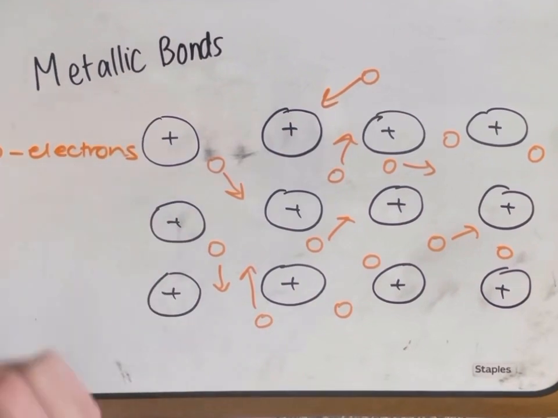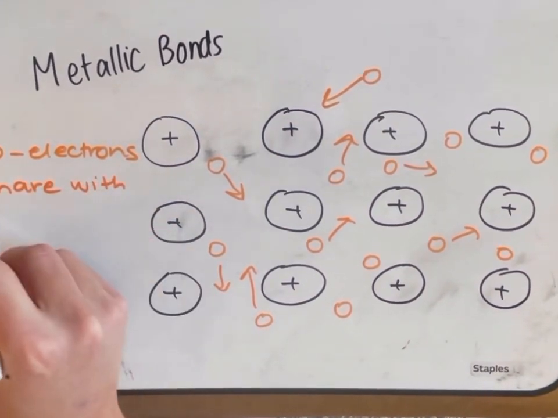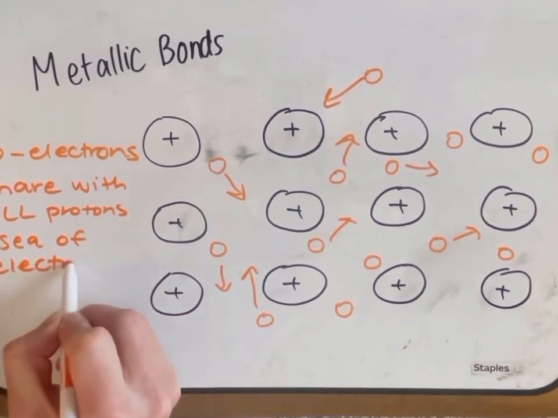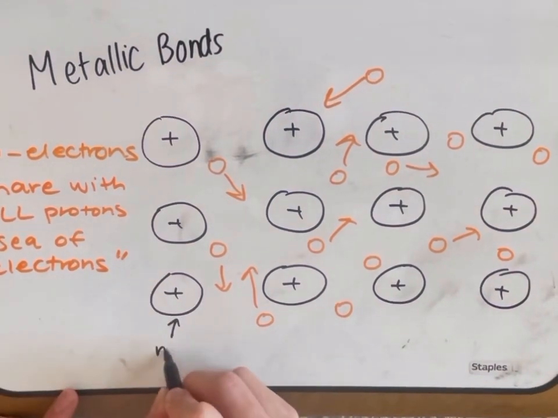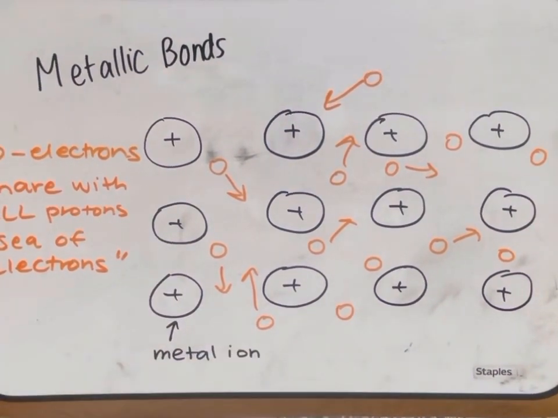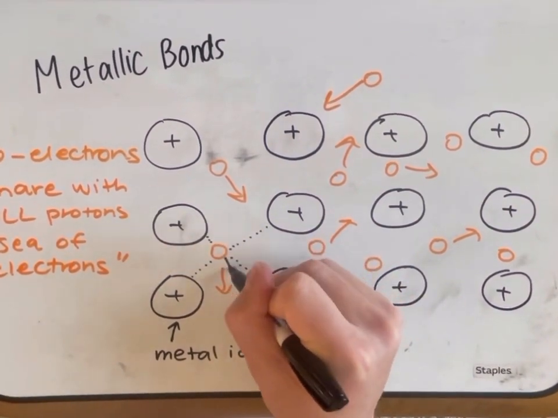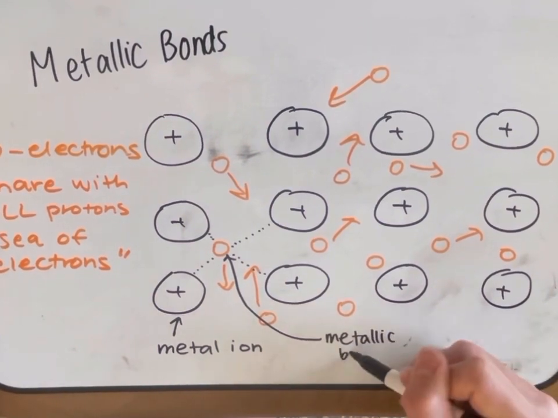So we call this the sea of electrons, and those orange circles are the electrons, and they just move around the positives as they want. As you can see, the positive cores are the metal ions, and the little dots in between are the electrons, which form the metallic bonds.